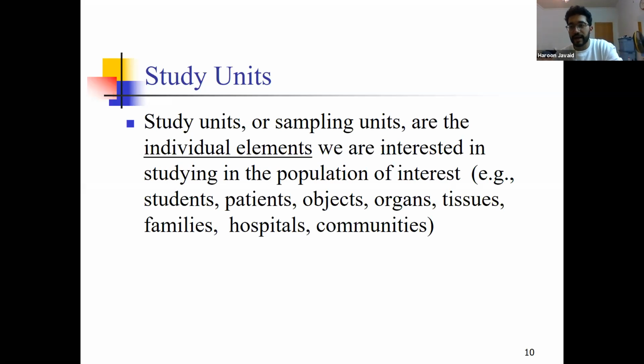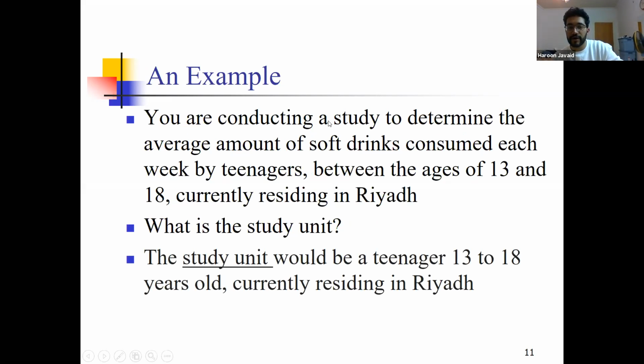This lecture also contains definitions that you need to know, okay? So what is the study unit or sampling unit? It is the individual elements that we are interested in. For example, if you are conducting a study to determine the average amount of soft drinks consumed each week by teenagers between the ages of 13 and 18, what is the study unit? It is the teenagers, okay?